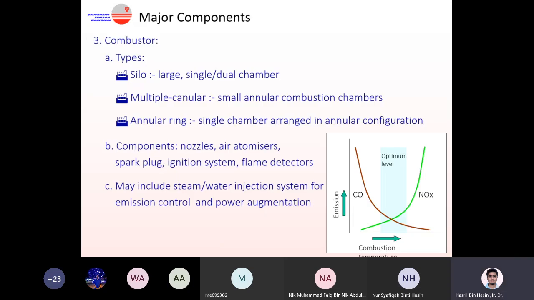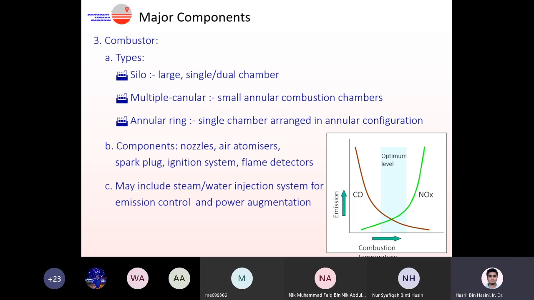Right, then we have the combustor. This is where combustion happens. There are different types of combustor. You can have a silo, multiple cannula, or an annular ring.